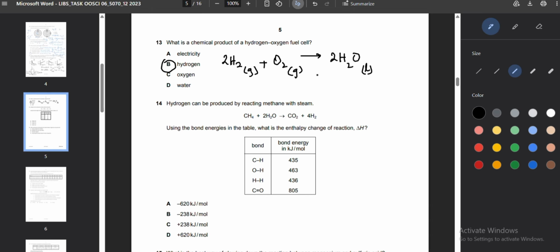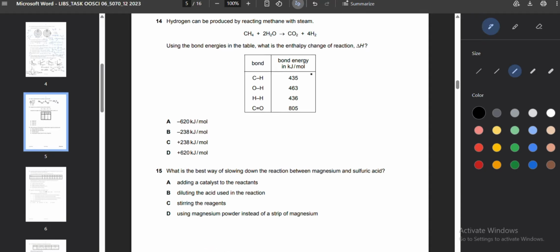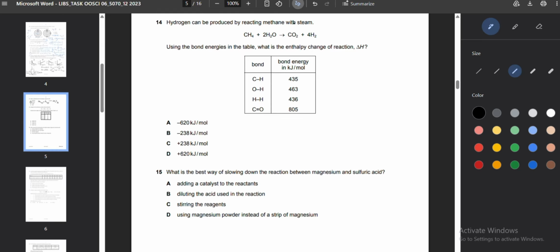Question number 14. Question number 14 is that hydrogen can be produced by reacting methane with steam using bond energies in the table. What is the enthalpy change of the reaction, delta H? Means we have to calculate the value of delta H for this reaction which is given above.